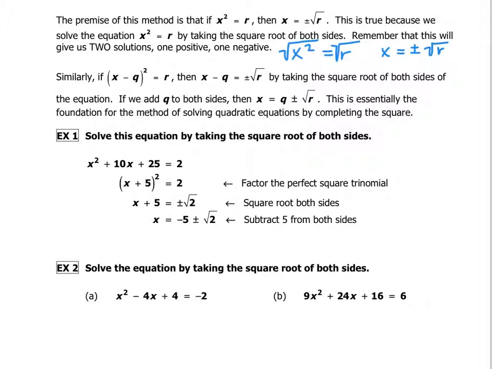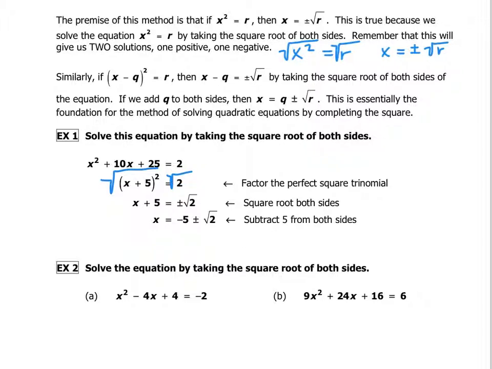Let's take a look at this first example. We're going to solve this equation by taking the square root of both sides. So first of all, I have a quadratic equation, and on the left-hand side, notice that this can be factored as x plus 5 quantity squared. What we're going to do at this point is to take the square root of both sides.